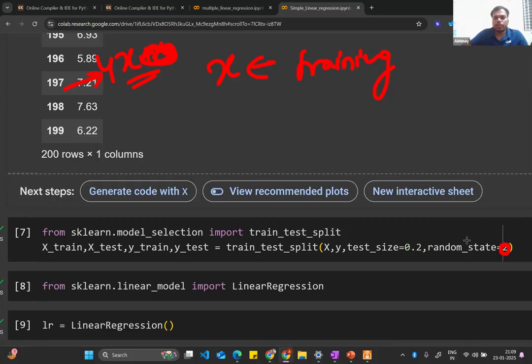Let's suppose you have written random state equal to 2. That means you will use the x amount of data, and again you will use some other part of the data, another x amount for the training part. That means you are using two different amounts of data for your training purpose. That is why we have written random state equal to 2. In the same way, whenever you want to change your data set for training again and again, this is the kind of random state value you use.